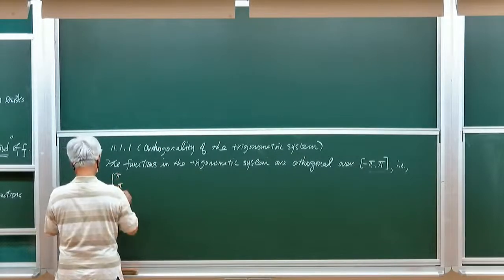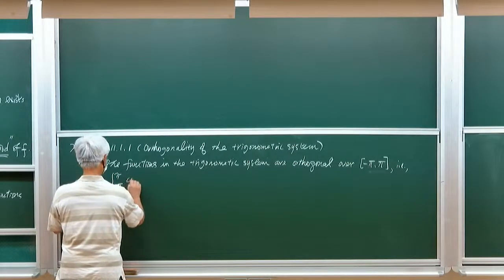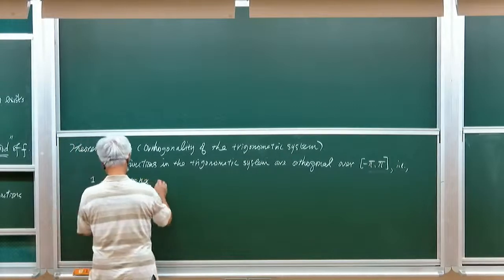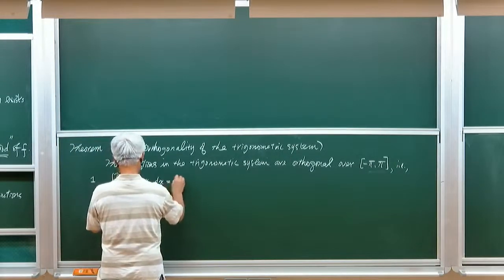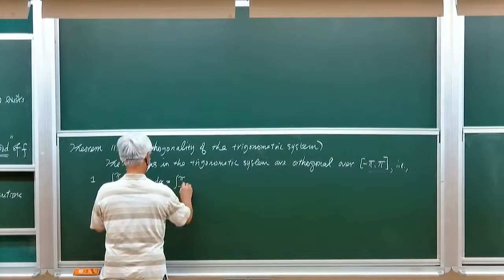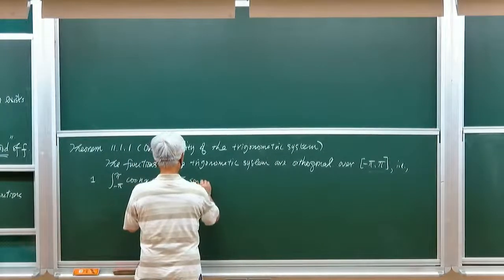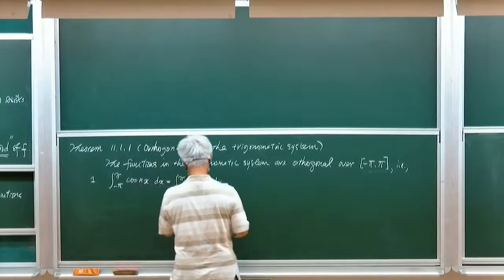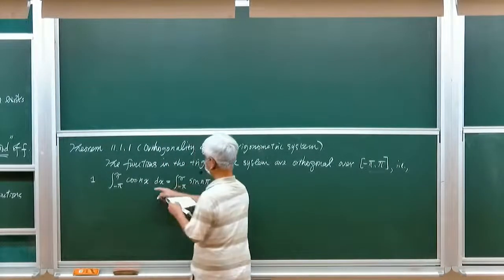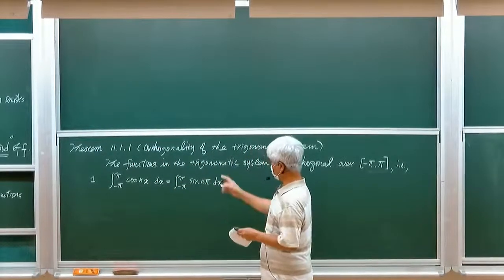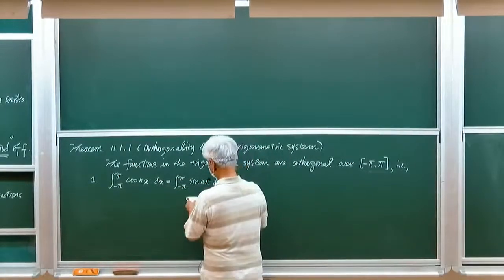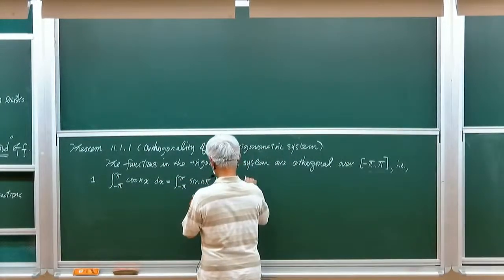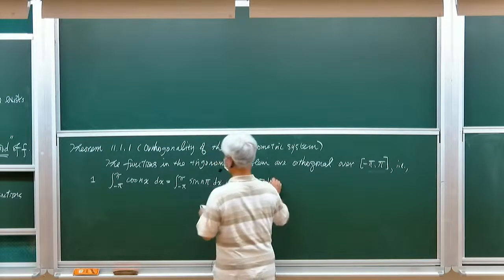So orthogonality is described in here. First of all, the integral of the cosine, the two sinusoidal functions, okay, is 0 for all n greater than or equal to 1.